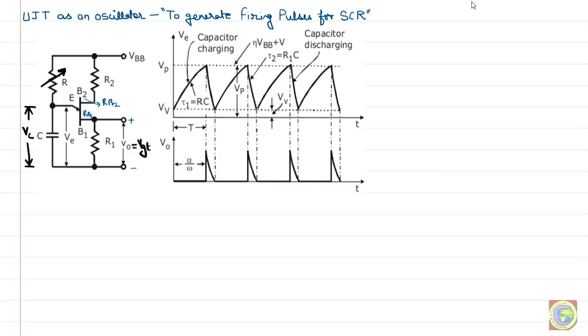When a sufficient amount of VC is developed, and the value of VC is more than the diode voltage plus the voltage at this point, as we have already discussed, then the capacitor will discharge through R1 and the emitter current will start to flow under this condition.